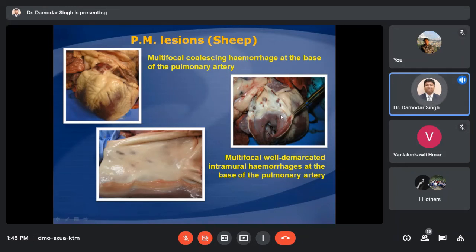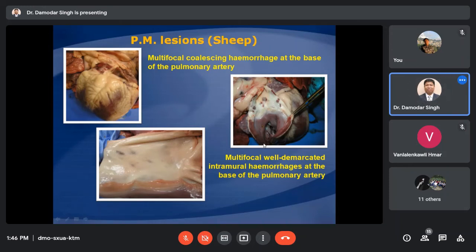Okay, when you open the heart, you see the pulmonary artery, which leads towards the lungs. This originates from the right ventricle. So just at the base of that pulmonary artery, you may find multiple hemorrhagic lesions like this.